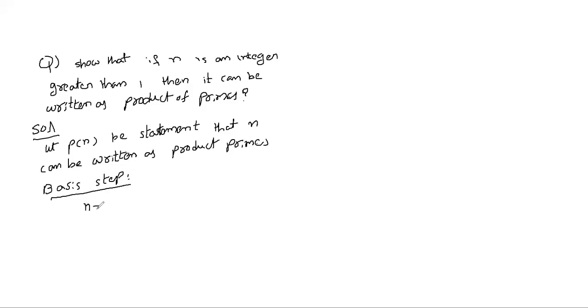N equal to 2. 2 can be written as a product of primes, itself, 2 only.